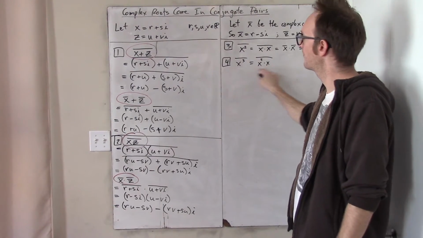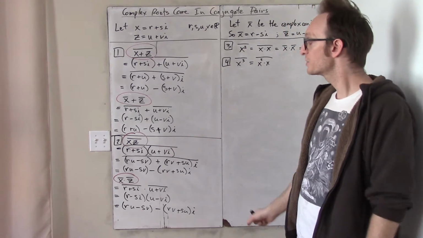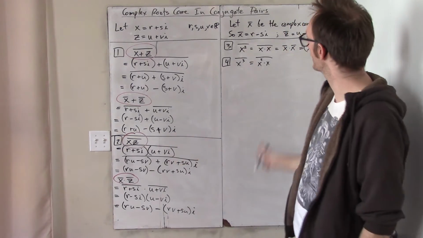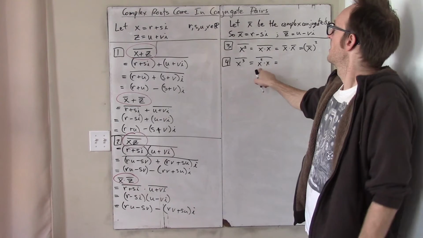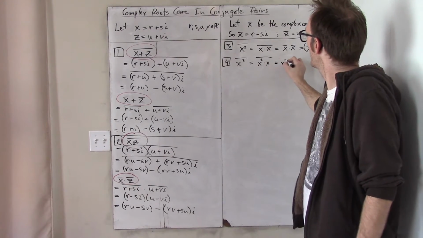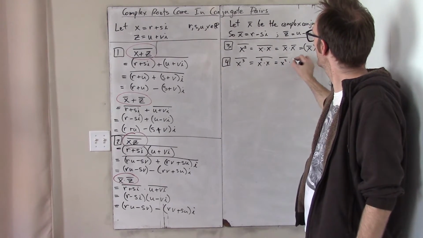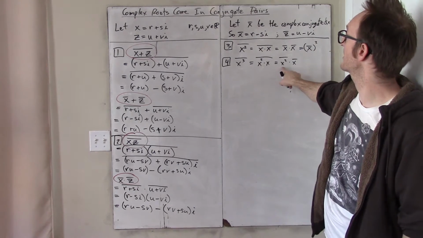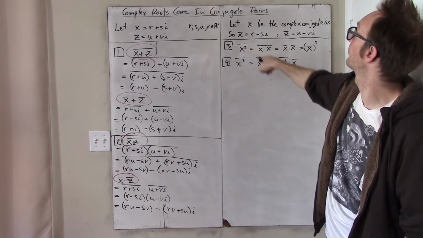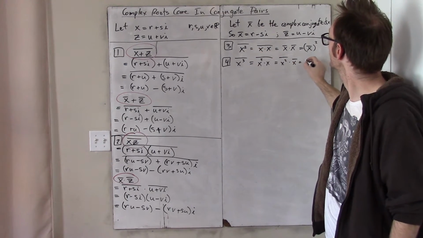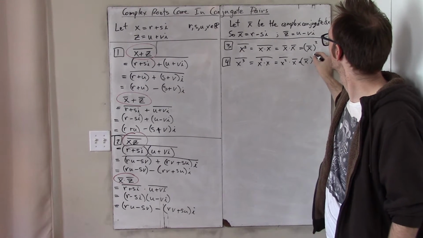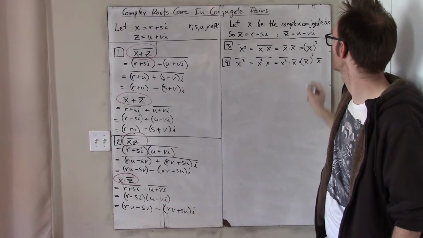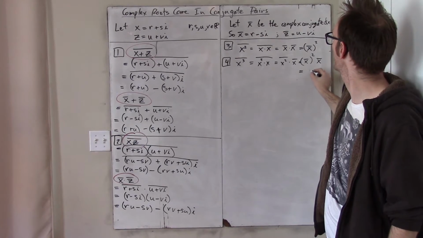Now I'm applying rule 2 again, which says that the conjugate of a product is the product of the conjugates. So this is the conjugate of x squared times the conjugate of x. But the conjugate of x squared is, by the previously proven rule 3, the square of the conjugate of x, and that is therefore the cube of the conjugate of x.